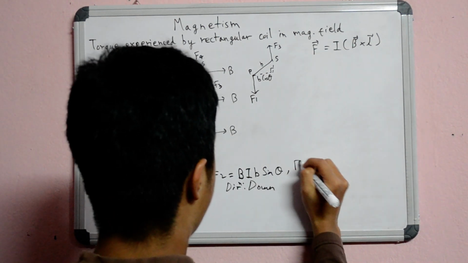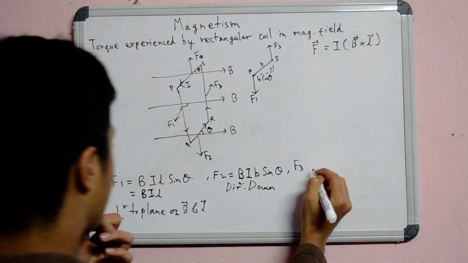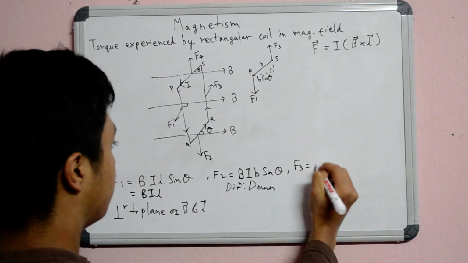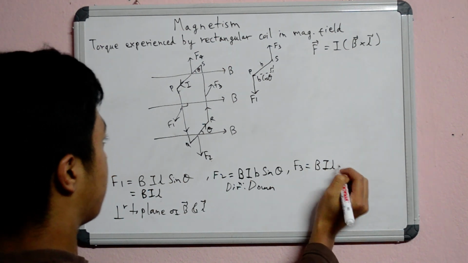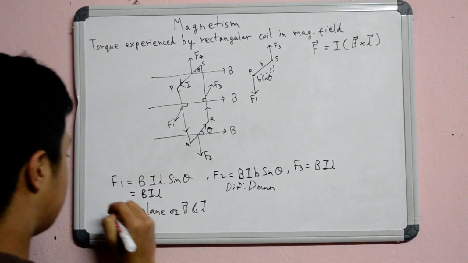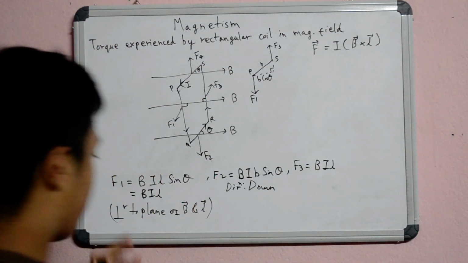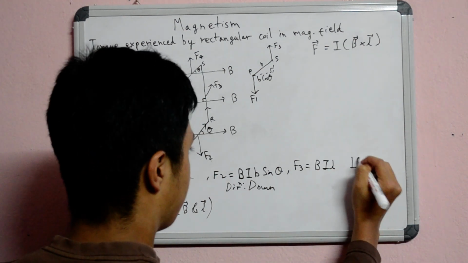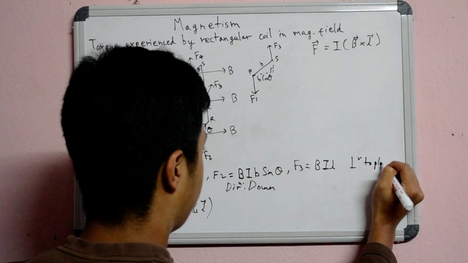Now for force F3, well, it is similar to F1 or exactly as F1. It is also BIL sine theta, but here it is 90 degrees, so it's also BIL. And here is the same reasoning, the direction is given as perpendicular to plane of B and L. I'll just write perpendicular to plane.